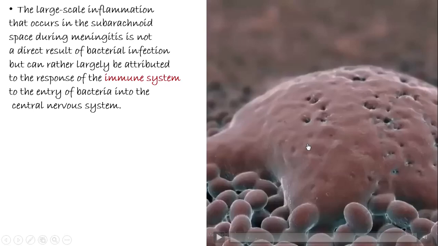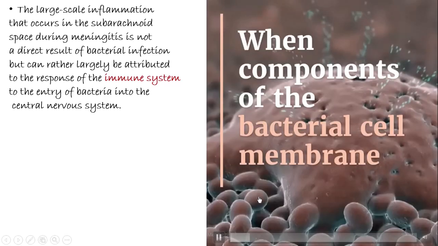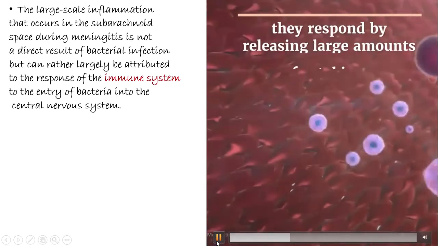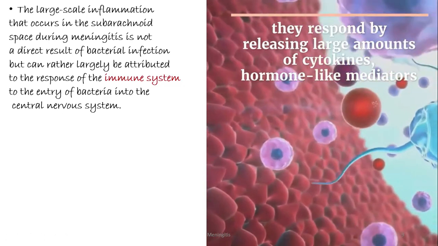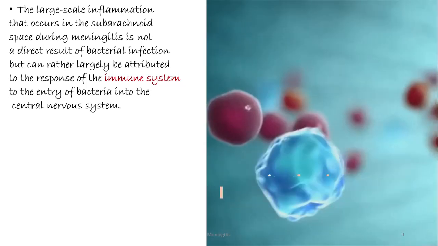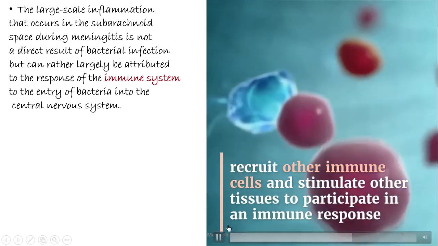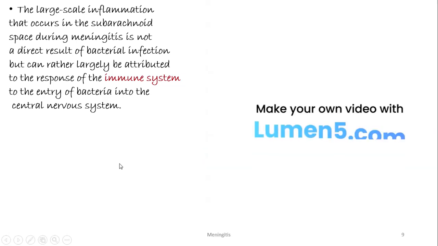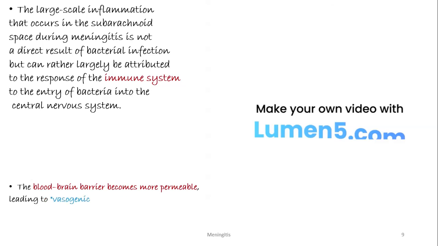When the components of the bacterial cell membrane are identified by the immune cells of the brain, they respond by releasing large amounts of cytokine hormone-like mediators, recruit other immune cells and stimulate tissues to participate in an immune response. The blood brain barrier becomes highly permeable and it leads to vasogenic cerebral edema, that is swelling of the brain due to fluid leakage from the blood vessels itself.